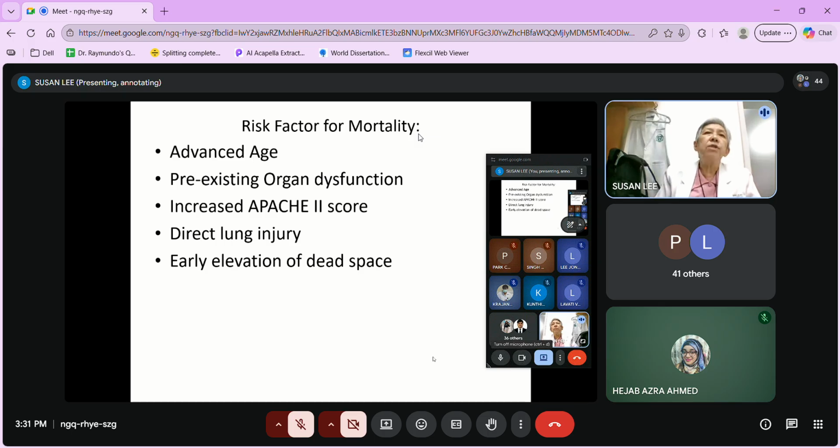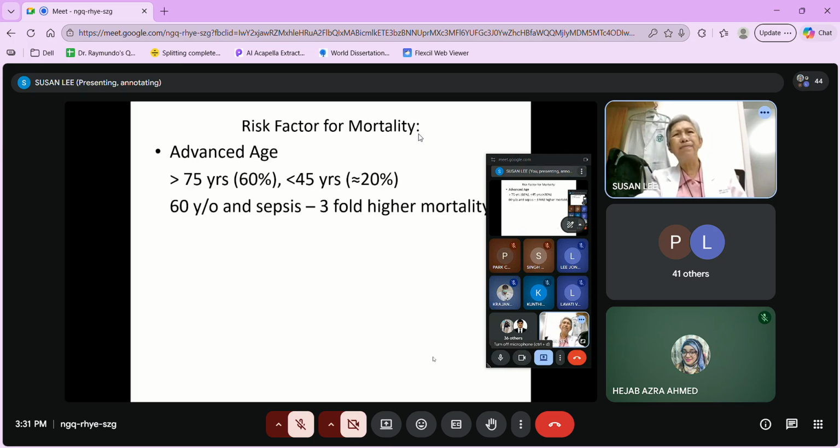Okay, so the risk of mortality is affected by advanced age. Of course, as you are older, the higher would be the risk of mortality. Your increased Apache score is also associated with higher mortality. Pre-existing organ dysfunction, direct lung injury, and early elevation of dead space is also associated with higher mortality among patients with ARDS.